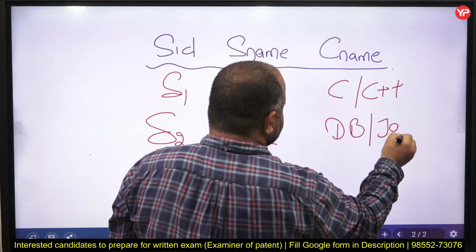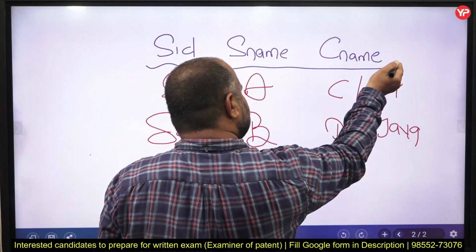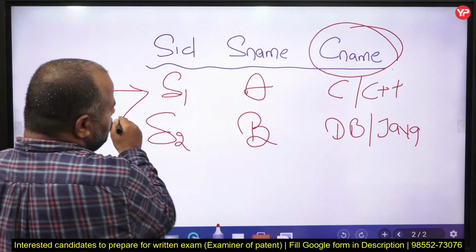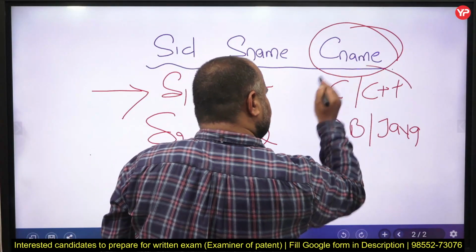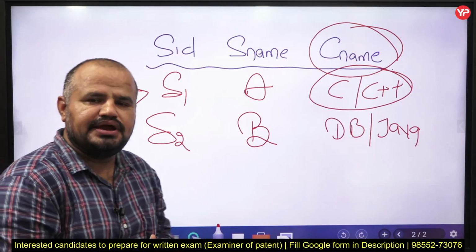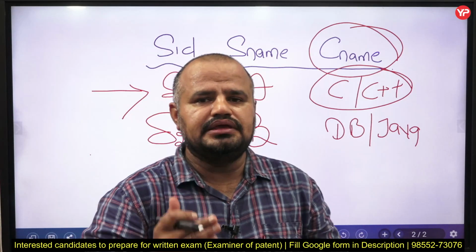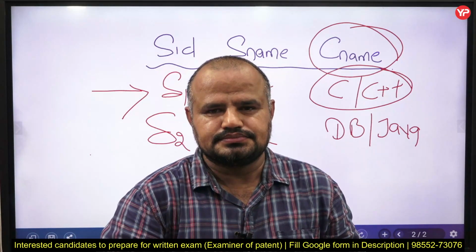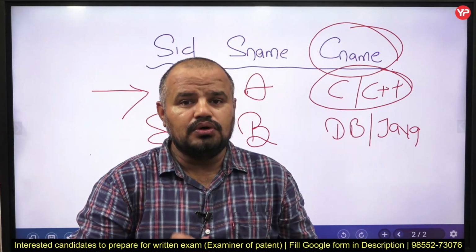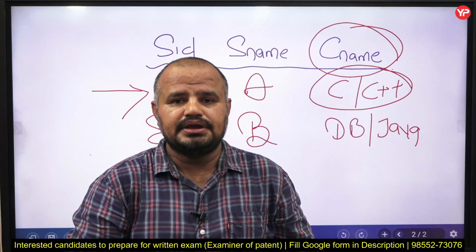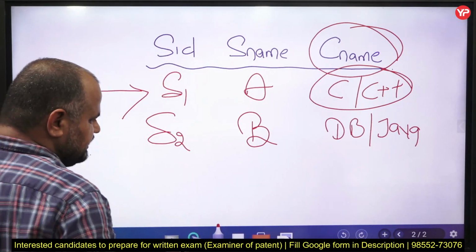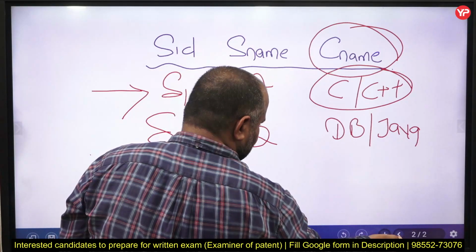I can see here that for a particular record, the CName attribute has multiple values. This type of attribute is called a multi-valued attribute. And 1NF says that there is no multi-valued attribute in my relation R. Fine, that is the case of first normal form.